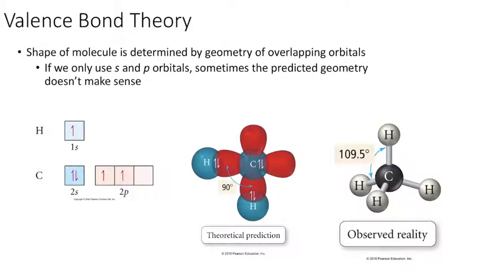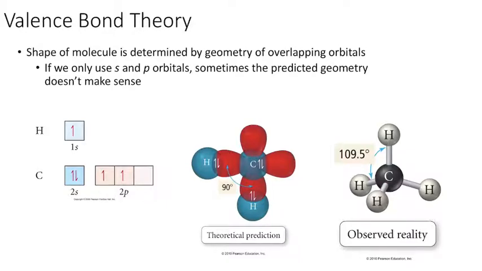Well, if you look at the electron configuration, specifically the valence electron configuration, the orbital box diagram of which is shown on the left of your screen, you note that carbon only has two half-full valence electron orbitals, and hydrogen only has one. This means that from a valence bond theory standpoint, carbon could only bond to two hydrogens. And you see that represented in the center of your screen with the blue and red diagram.